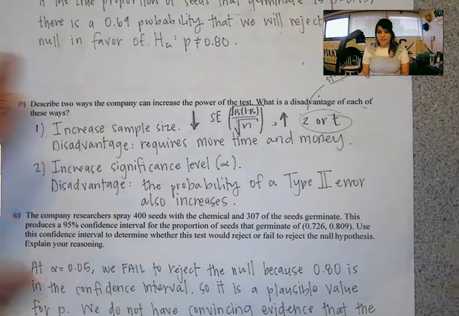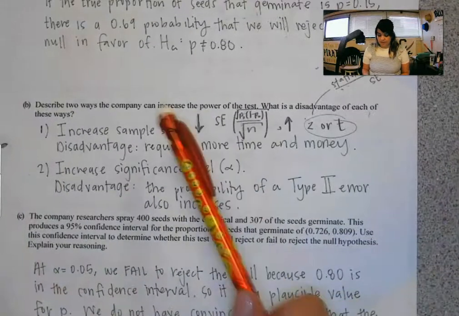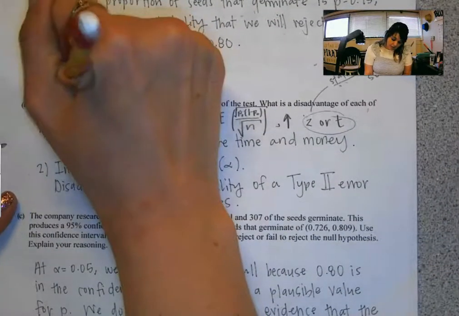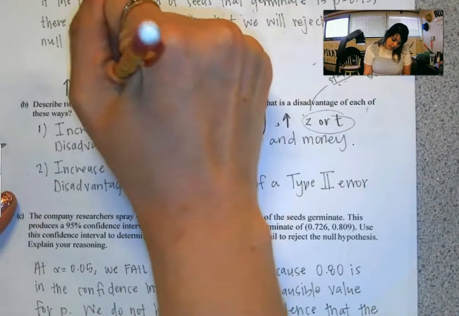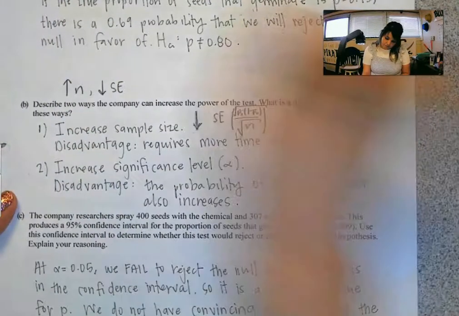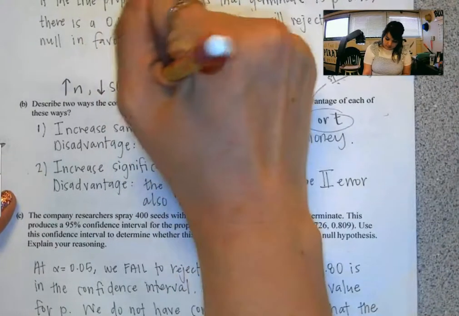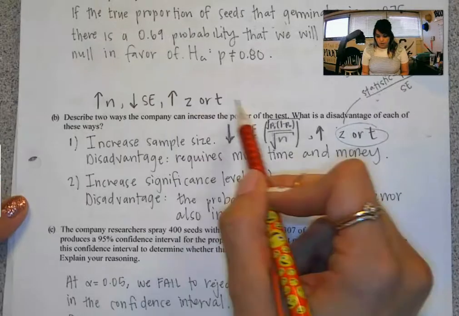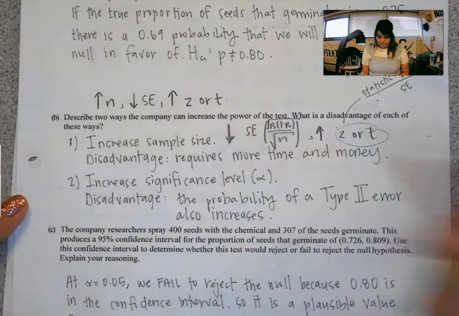That's a lot to keep track of. So in the very least, memorize increase n decreases standard error, increases Z or T, depending on whether or not you're doing a proportion or a mean. I'm going to write that in too.